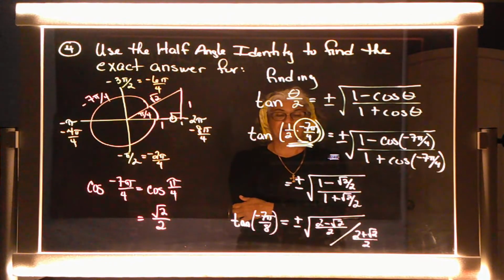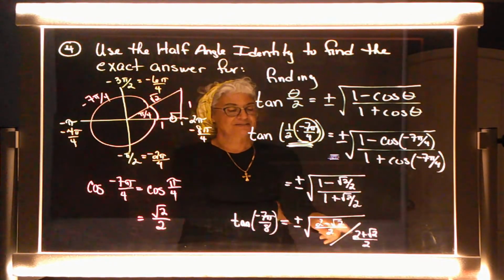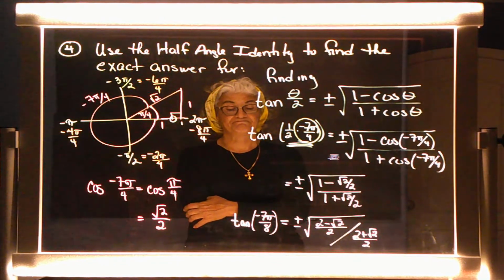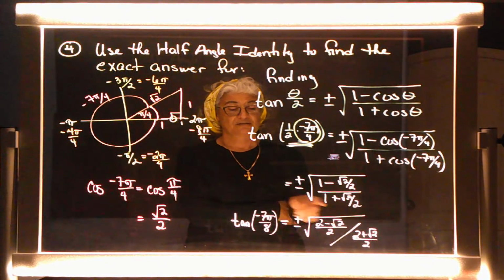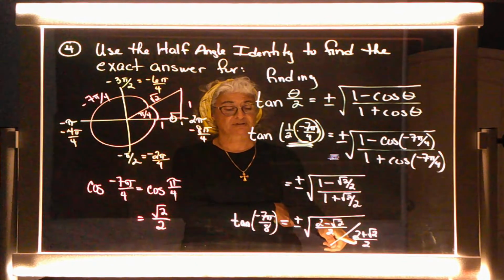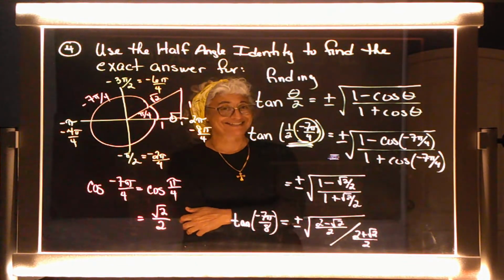Okay. I'm dividing these two guys, aren't I? So, this top fraction is going to get multiplied by the reciprocal of this bottom fraction, isn't it?